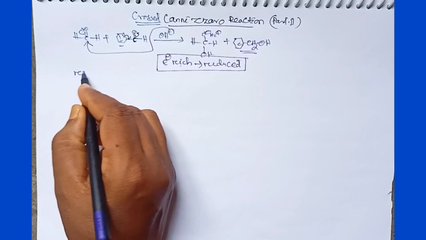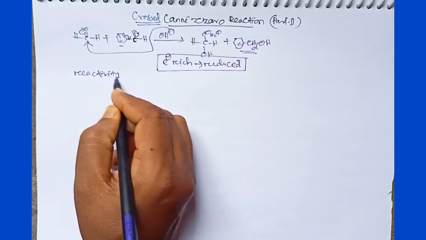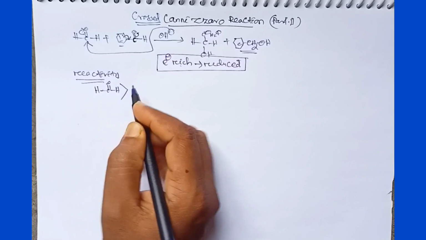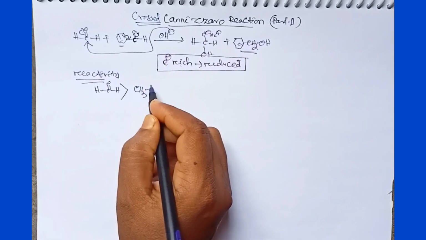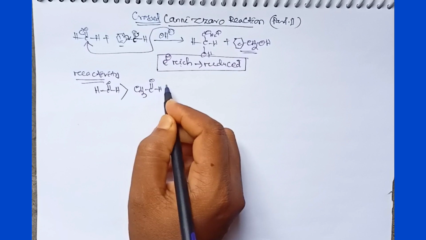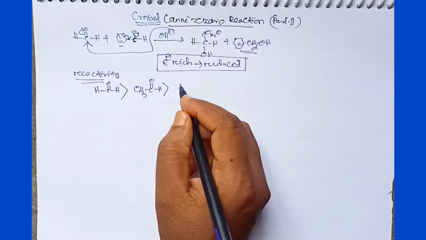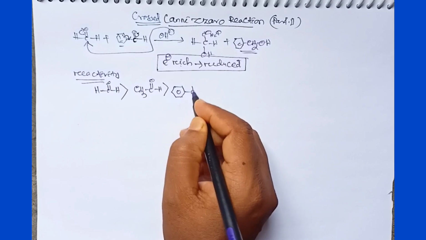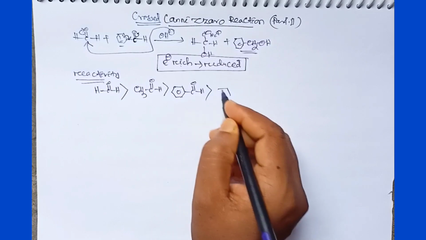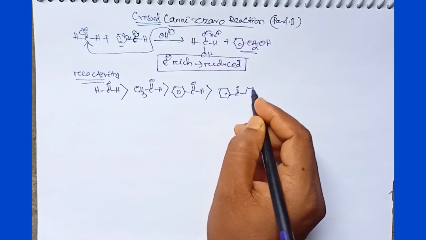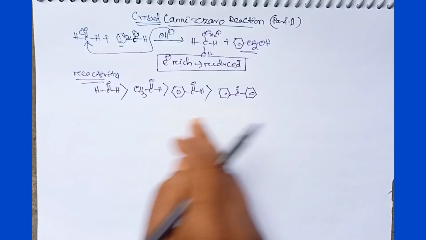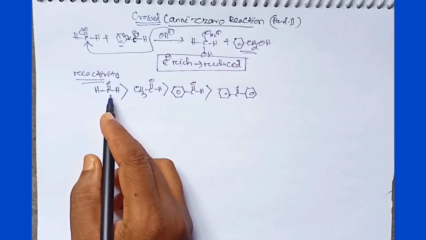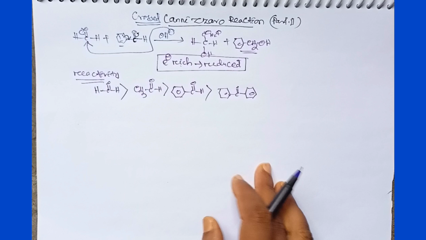So we can say the reactivity of these aldehydes: formaldehyde will be more reactive, and if there is some electron releasing group, it will be less reactive than formaldehyde. It will follow this kind of trend, because the more electron deficient it is, the more prone it is to attack by OH minus.